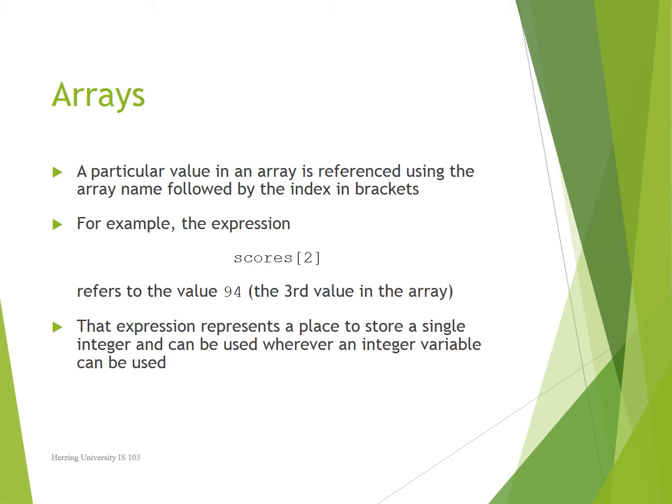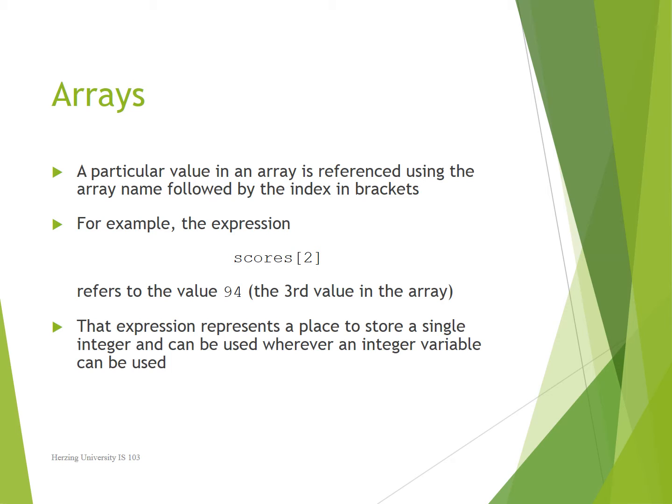A particular value in an array is referenced using the array name followed by the index in brackets. For example, scores[2] refers to the value 94, the third value in the array.